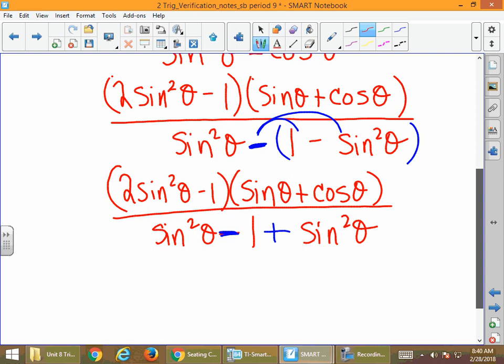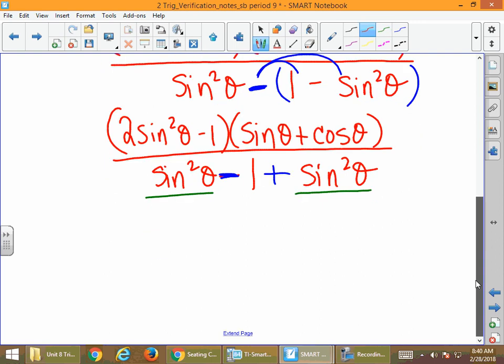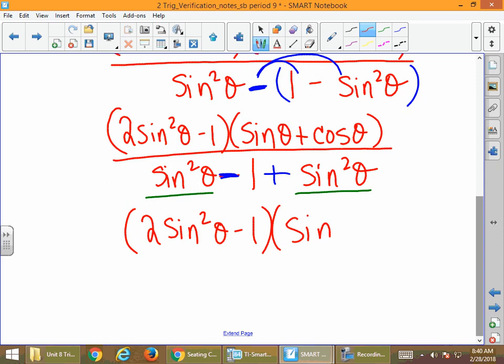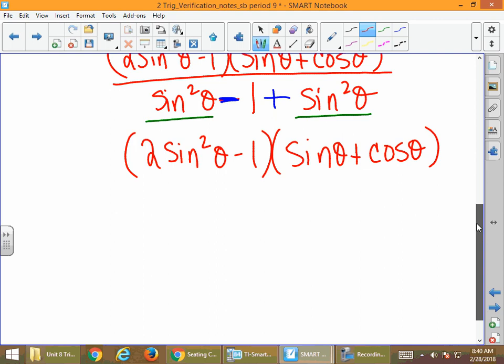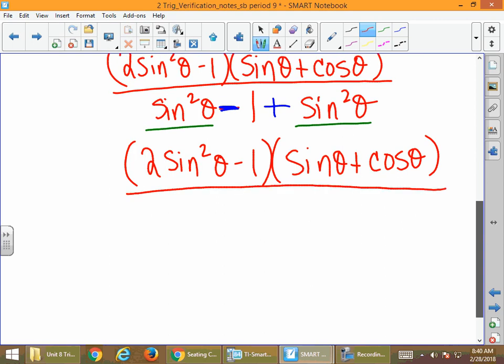And hopefully a couple of you are going, okay, I see where this is going. Because sine squared theta and sine squared theta are like terms. So we have 2 sine squared theta minus 1 in our numerator. We have sine of theta plus cosine of theta still in our numerator. But in our denominator, when we add these together, and this still causes a few people trouble, it's 1 sine squared plus 1 sine squared, which is 2 sine squared theta minus 1.